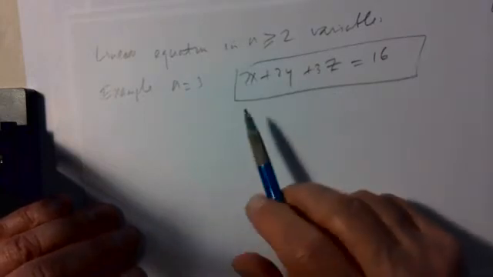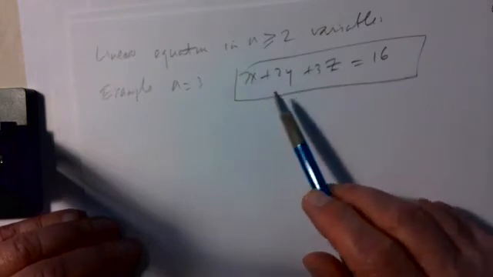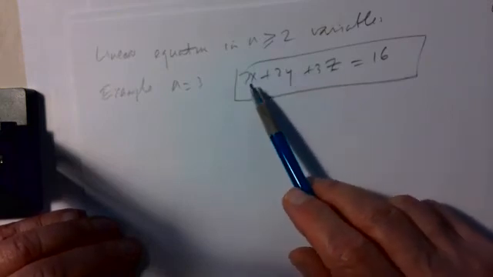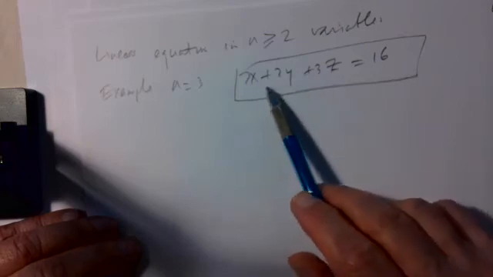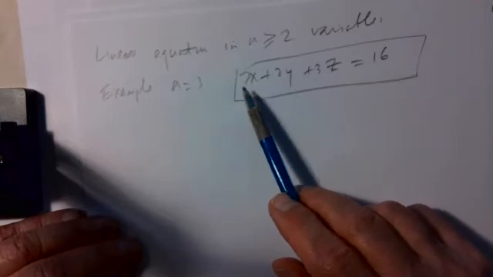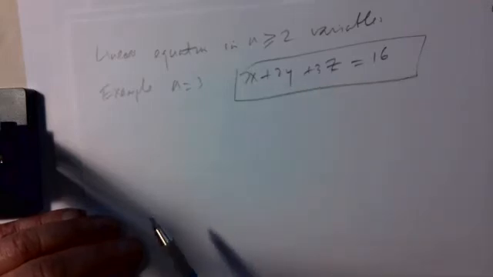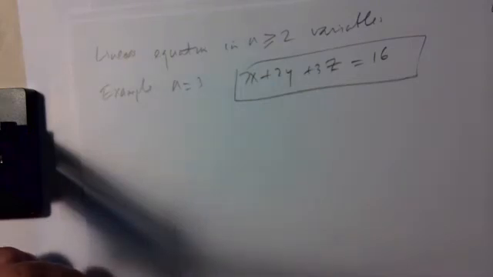So you pick a variable where the coefficient is different from 0. In this case, x, y, and z all have coefficients different from 0. Here the coefficient is 7, here the coefficient is 2, here the coefficient is 3. So I'll let you pick a variable, x, y, or z. Which one do you like?